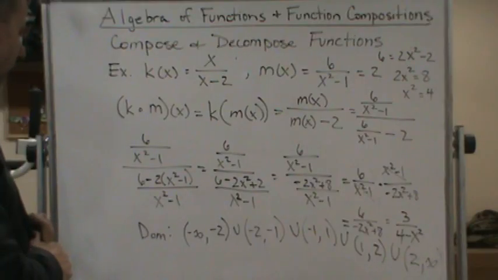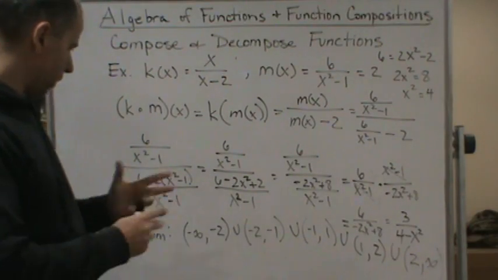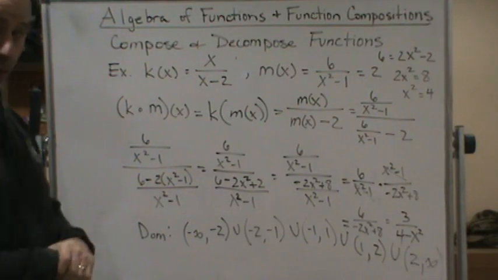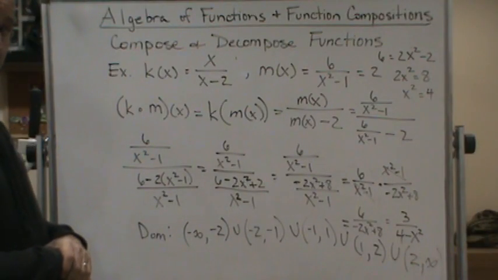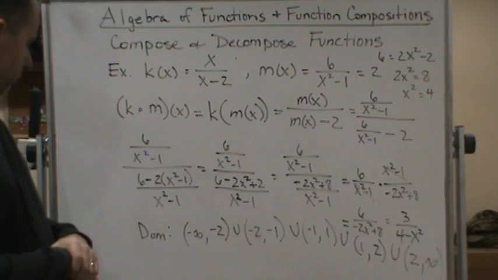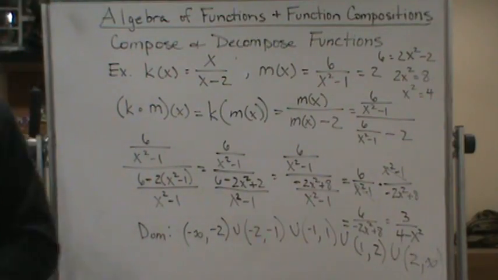So we end up with 5 intervals that we're combining, because we have 4 restricted values. All right, and that's it.